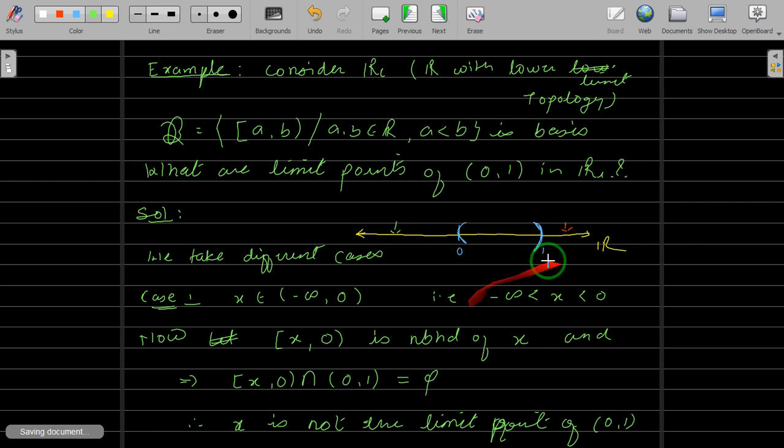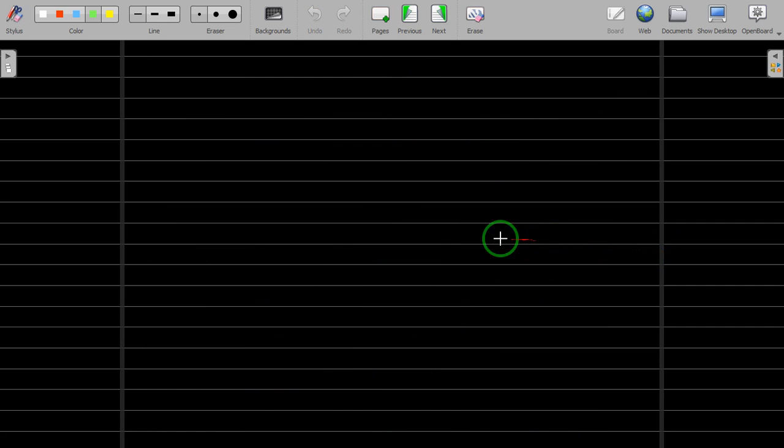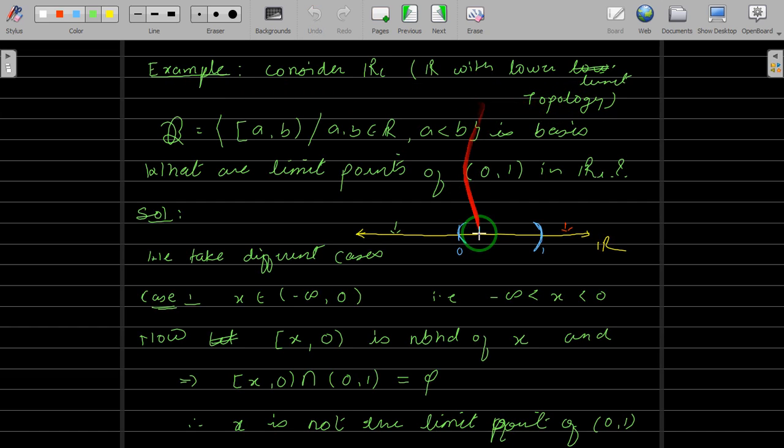Let us check the same thing for any point which is greater than 1. Case 2: let x belong to the open interval (1, infinity). That means x is greater than 1, that is, 1 less than x less than infinity. Again you have to check whether this is a limit point.